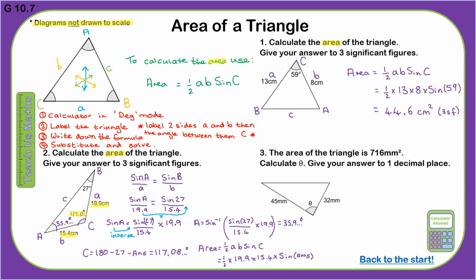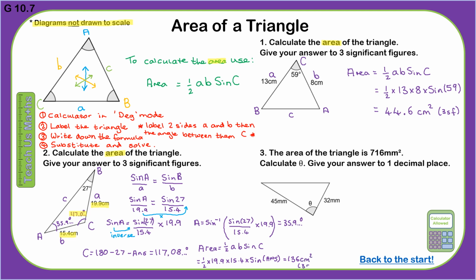So 1/2 times 19.9 times 15.4 multiplied by sine of my answer. I get that the area of this triangle, rounded to 3 significant figures, is 136 centimetres squared.